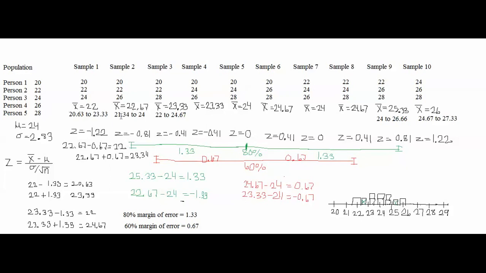So our 60% confidence interval for sample 2 is 22 to 23.34.